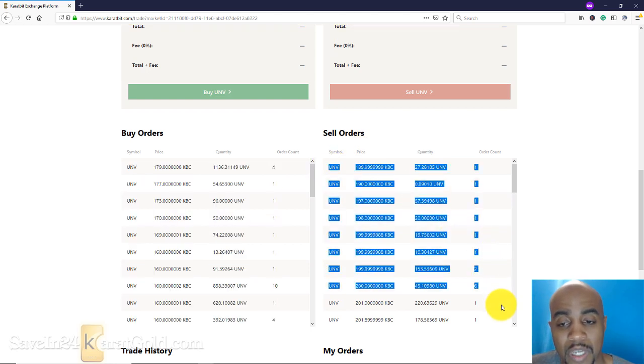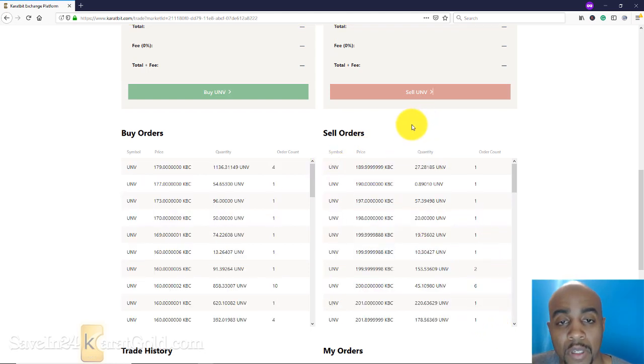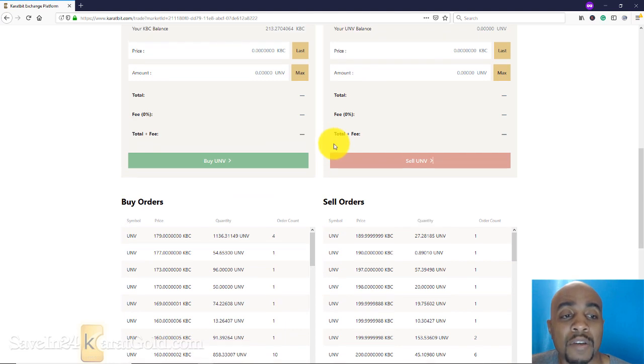These are the individuals that want to sell univals. So if you have univals and you need to get KBC coins, then you are going to be on which side? The sell side. Now, what are you selling? You're selling your univals to acquire KBC coins. So what is this saying? These individuals want to buy univals, and they're willing to give up this amount in KBC coin.